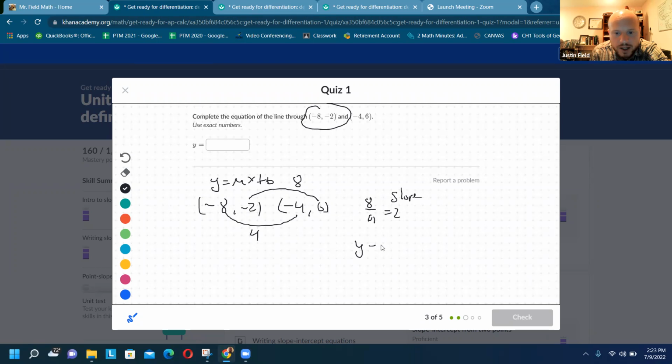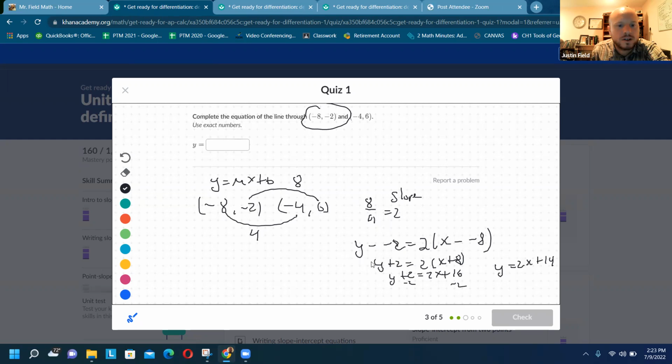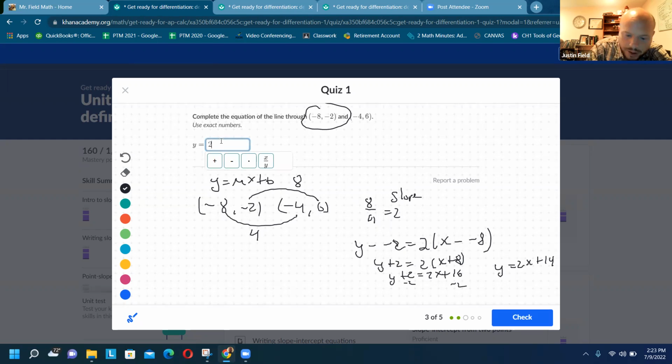So y minus y1 equals m times x minus x1. Now I'll simplify. X plus 2 equals 2x plus 8, then 2x plus 16. And then subtract 2. Y equals 2x plus 14. So there you go, 2x plus 14.